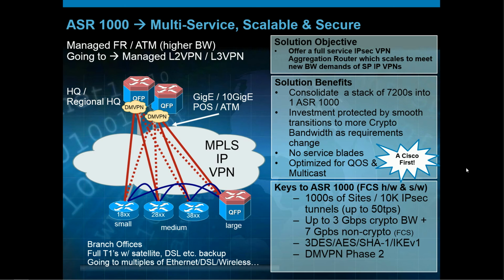Normally roughly 3 gigabits per second for our encryption plus our bandwidth. That's also including our 7 gigabits per second, assuming no crypto bandwidth. And then you have your different types of methodologies to actually do your encryption.